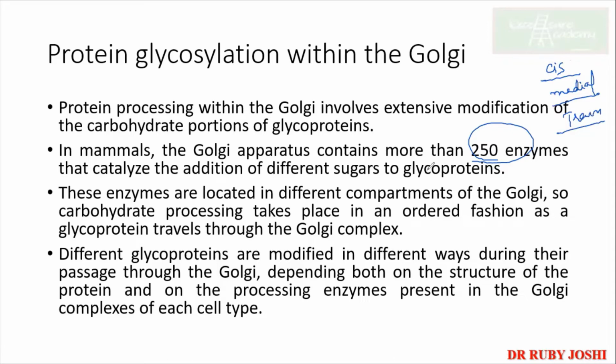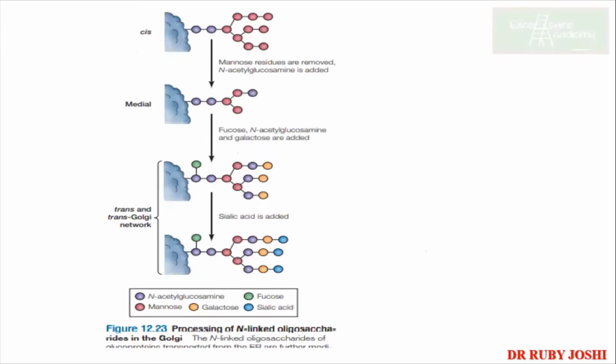So carbohydrate processing takes place in an ordered fashion as a glycoprotein travels through the Golgi complex. Different glycoproteins are modified in different ways during the passage from cis, middle, and trans. Sometimes there won't be any modification at the cis and middle, and it happens directly in the trans, or whatever combination is required, depending on the function of the enzyme or the protein.